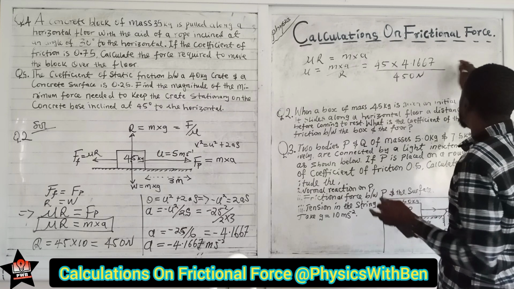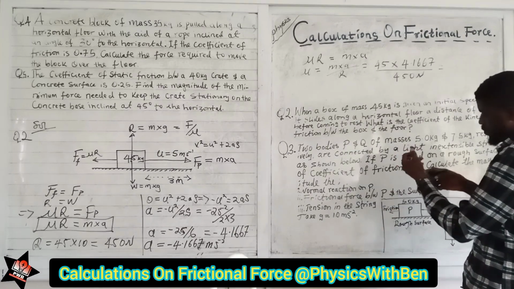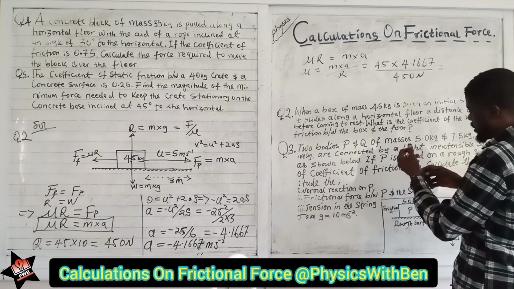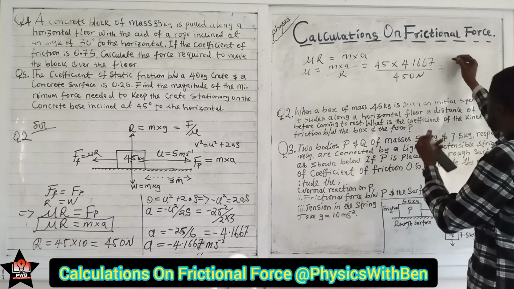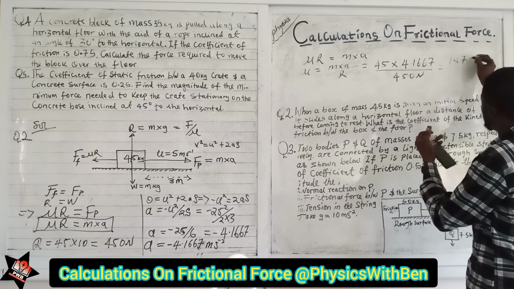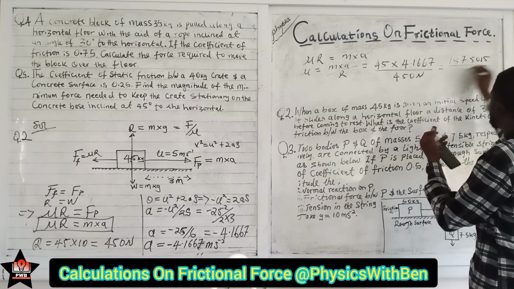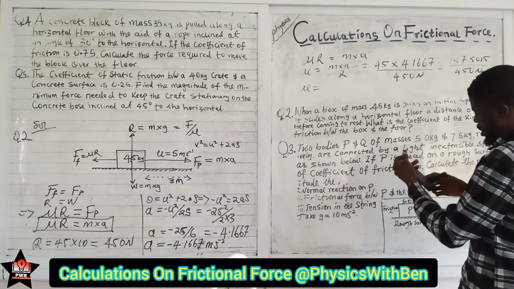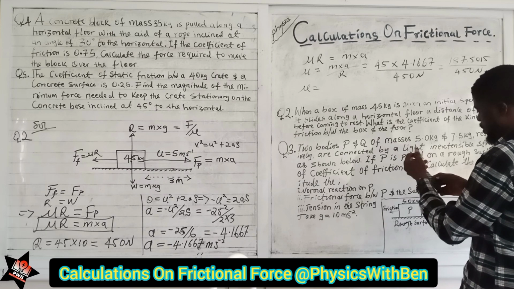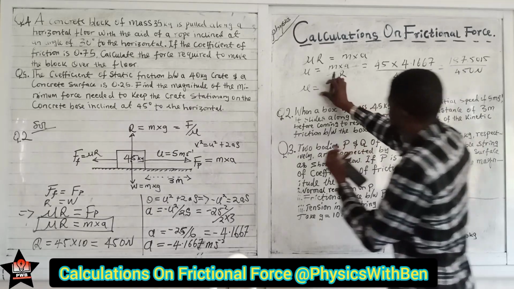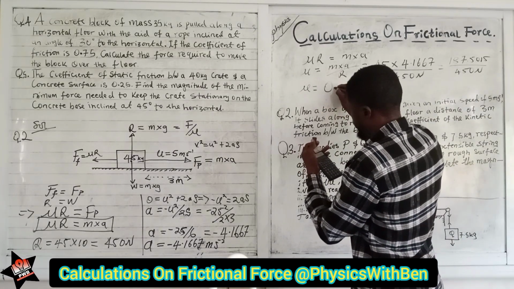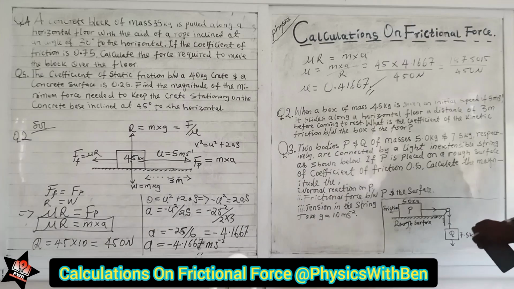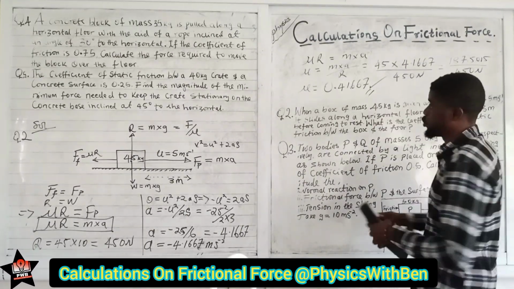So we have 187.5015 divided by 450. So our mu is given to be 0.41667 with no SI units. And that is that for question number 2.